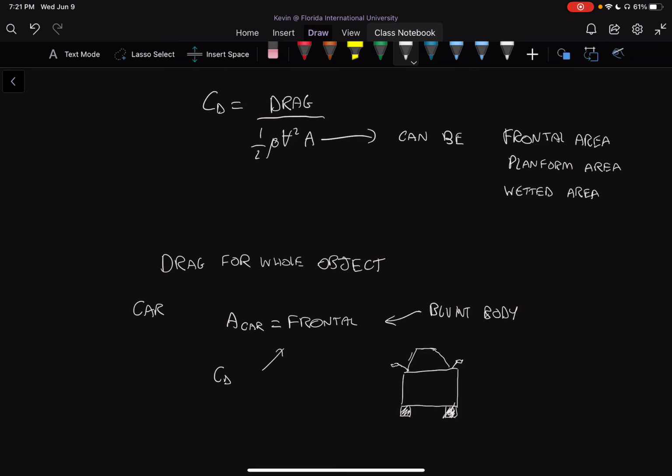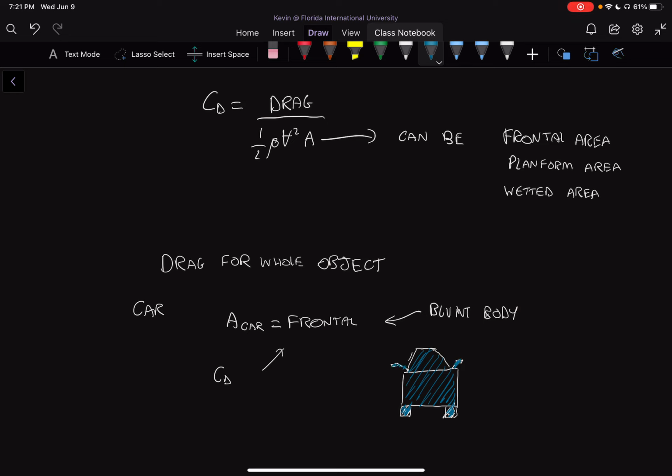Our frontal area is going to be whatever projection of the car we have from the front, from where the wind is coming. So it's this whole area, including the wing mirrors. Okay, so it's this whole area that is considered the frontal area.